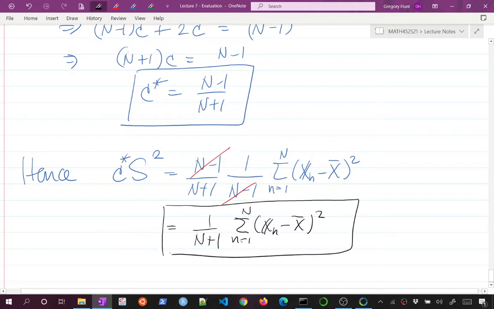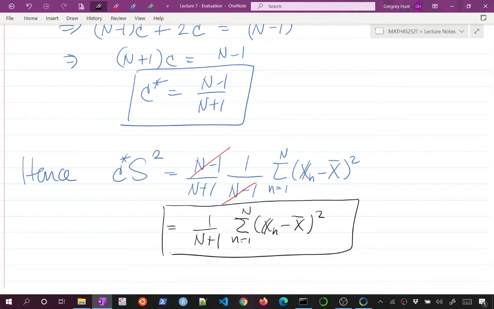And so if you believe the algebra here and the calculus, the estimator using a denominator of n plus 1 actually minimizes the MSE if my data comes from a normal distribution. Now, you sure as hell never have seen that estimator before.